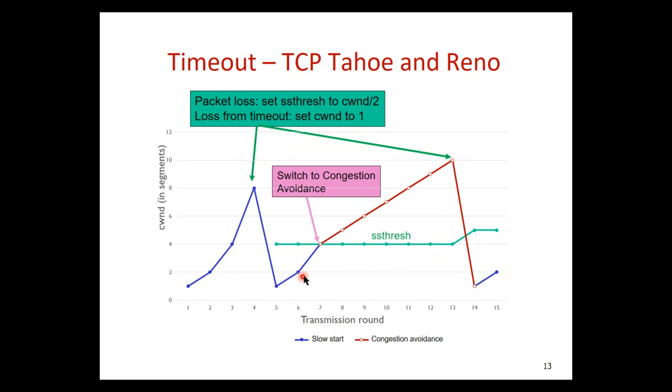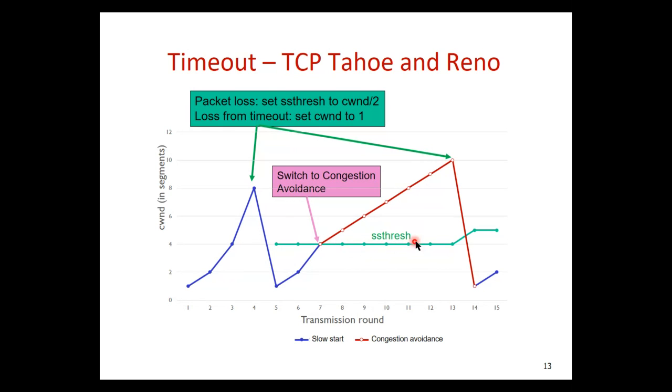So when the sender increases CWND, and the CWND value reaches the SS threshold, it will switch from slow start to congestion avoidance. And then I have explained why the value of SS threshold is set to CWND divided by 2. That part you follow, right?